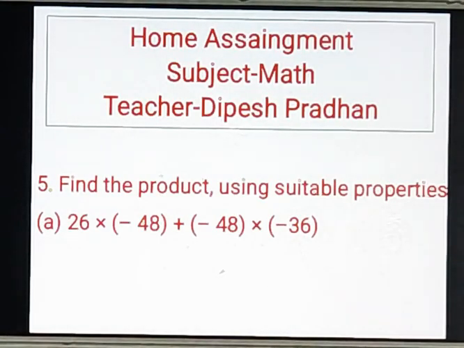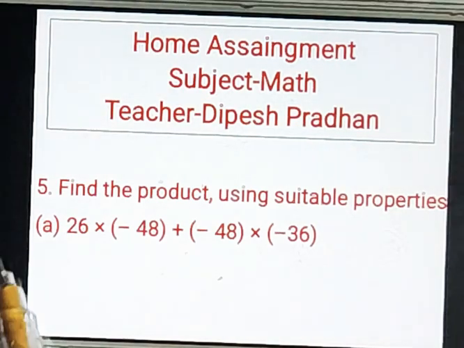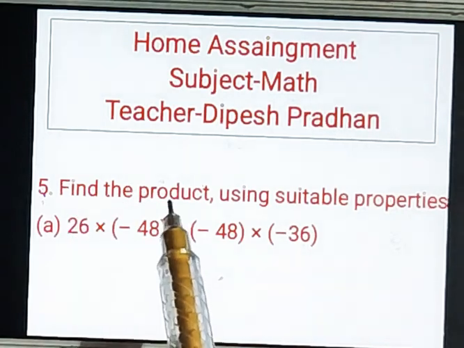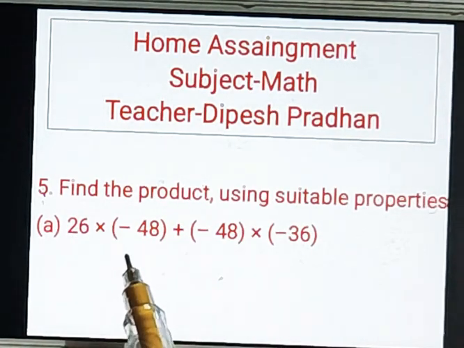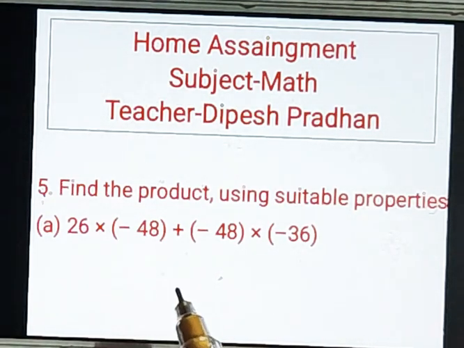Okay students, so let us end our class here. I want you to do a home assignment. Exercise 1.35 will be a home assignment. Find the product using suitable properties. Whichever properties you feel suitable, whichever you feel easy, just use them and solve it.